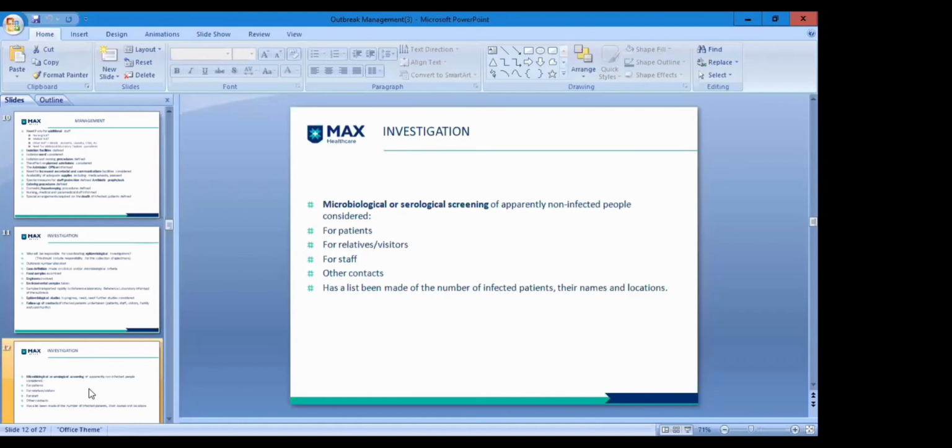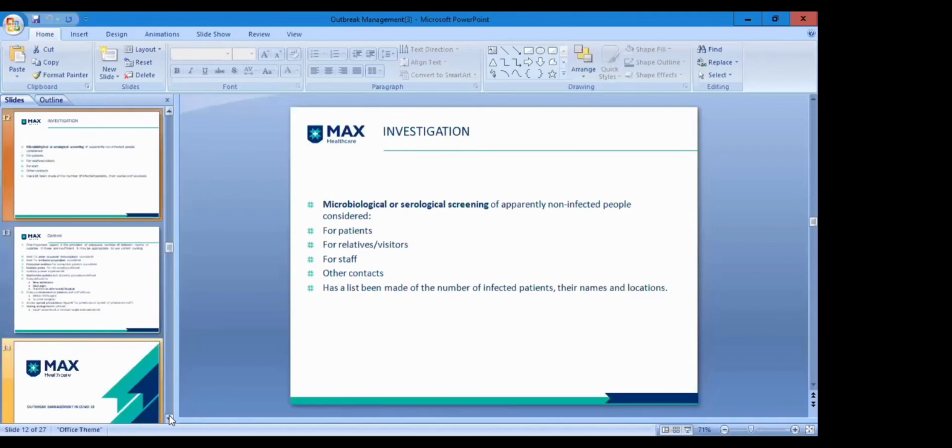In serological screening, I would suggest COVID antibodies were taken into account, and now for non-infected people also, to see what titers they are heading to. After the vaccination doses were given, the titers are still being checked to see the antibody levels, and this can be for patients, visitors, staff, and other contacts. So serological screening is also important when we are tracking our outbreaks.